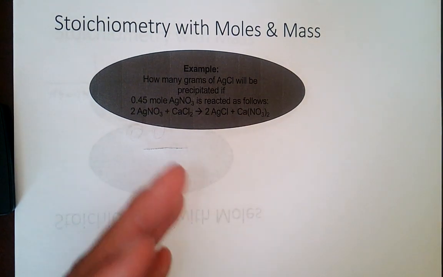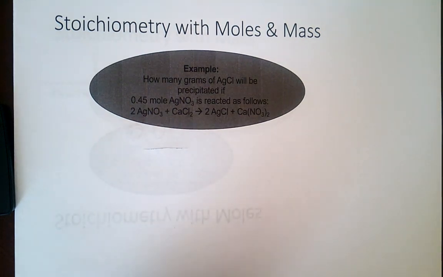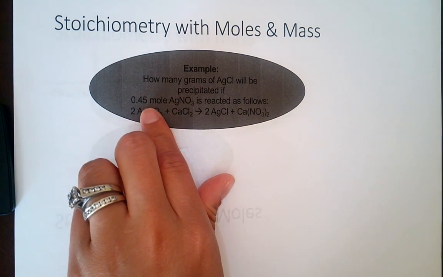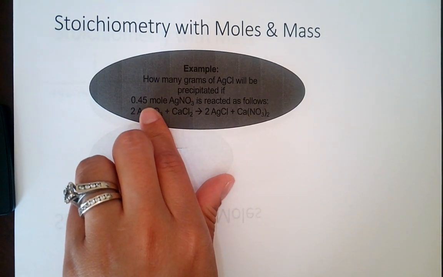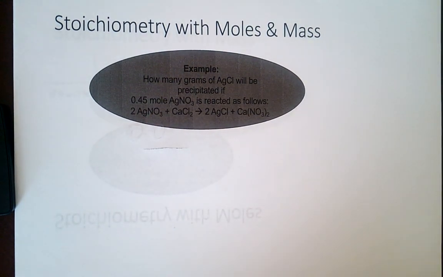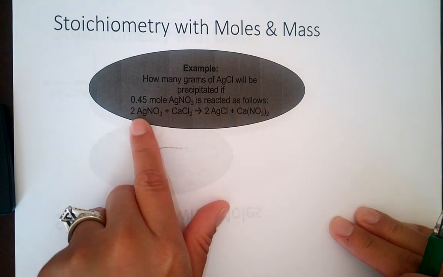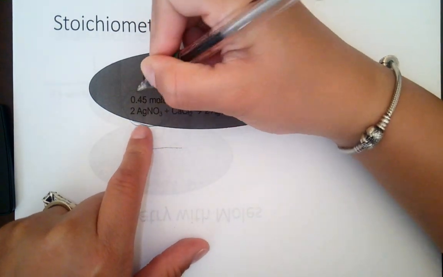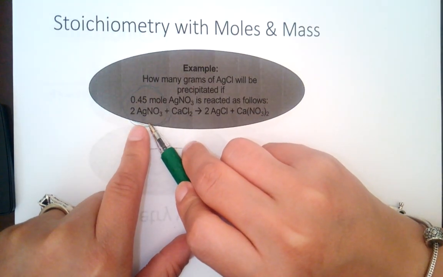Again, lots of different words here, but it's the same thing. You're going to start with moles here, and what is it telling you? You have 0.45 moles of AgNO3. So you look in here, okay, so that means I have this much of this. I have 0.45 moles of AgNO3.